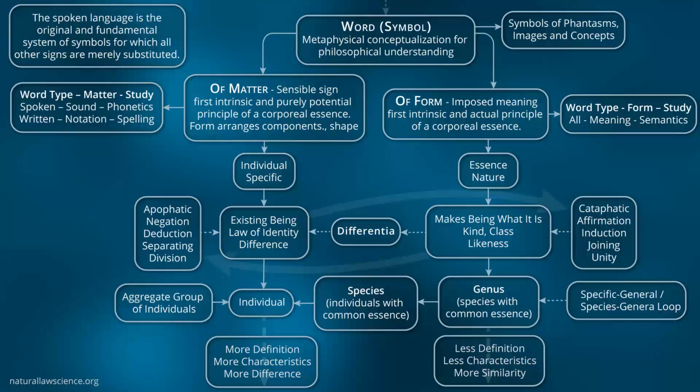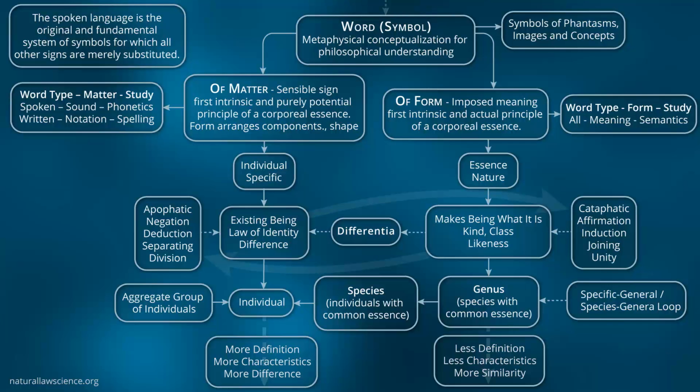So we have these processes which will be related more later. We have matter, which goes to the individual, the things that exist. We have form, which is the essence, and kind and class and likeness.